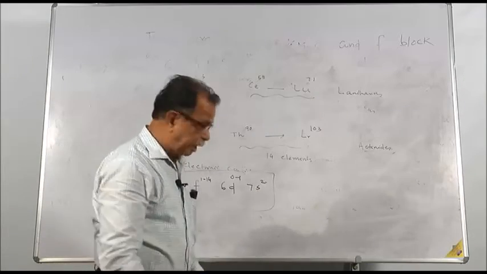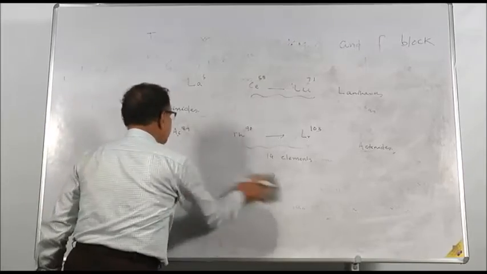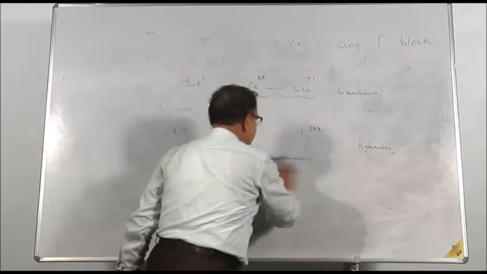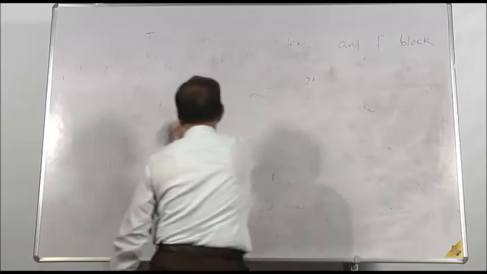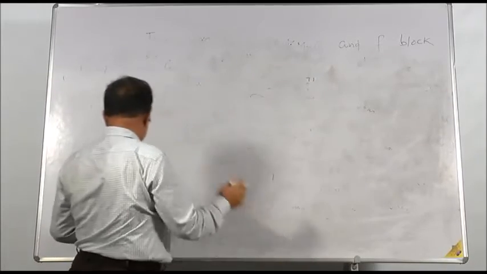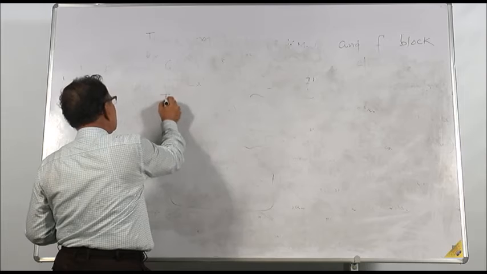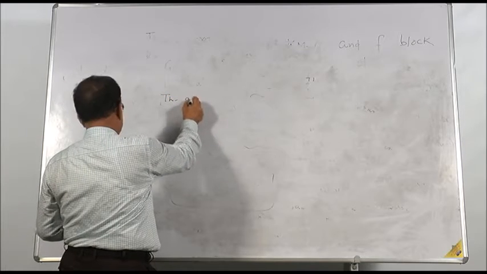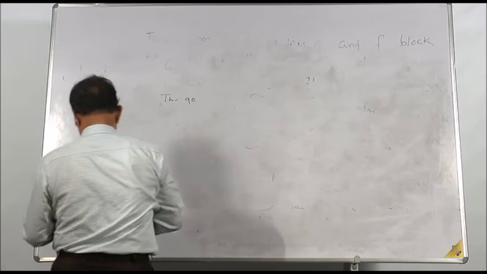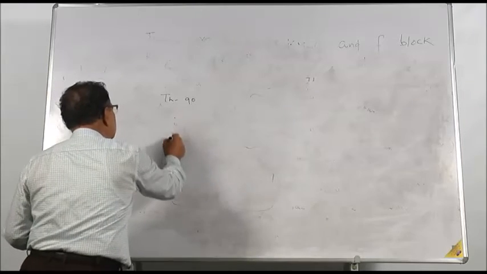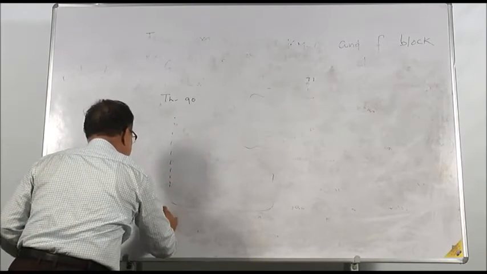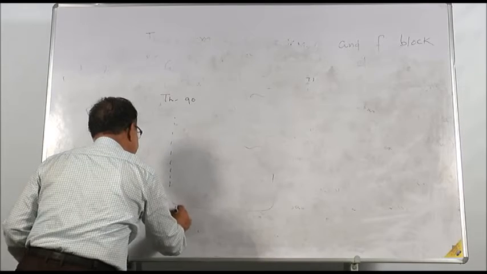For example, thorium, I am showing the electron configuration. Thorium is 90, and the last is Lr 103.